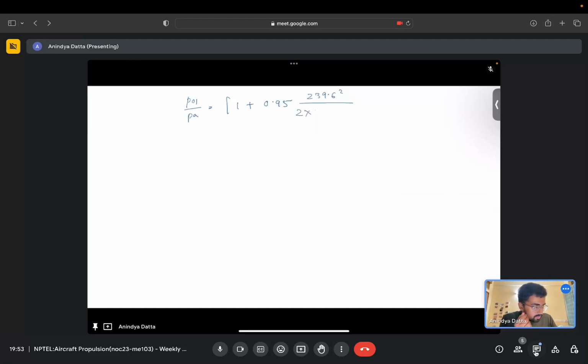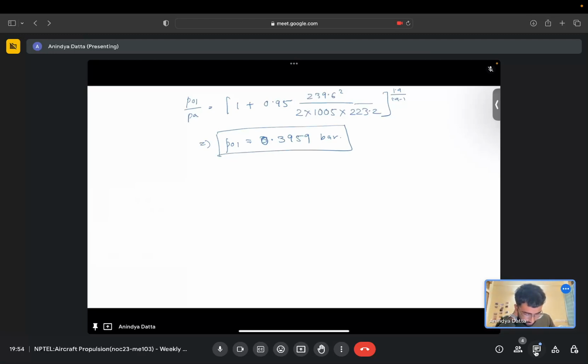CP is 1005, the CP for air, and the ambient temperature TA is 223.2 Kelvin, whole to the power 1.4 by 1.4 minus 1. If you solve this, we'll get P01 as 0.3959 bar. So this is our pressure at the inlet of the compressor.